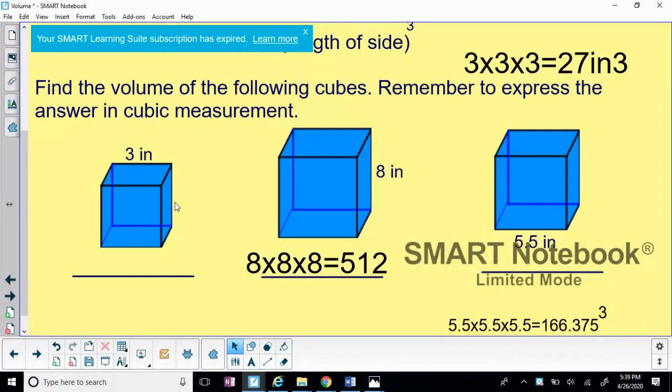So the surface area of this cube would be 54, because we would quite literally go 3 times 3, 3 times 3, 3 times 3, all the way around. So all the faces, we would add up the total area, right?